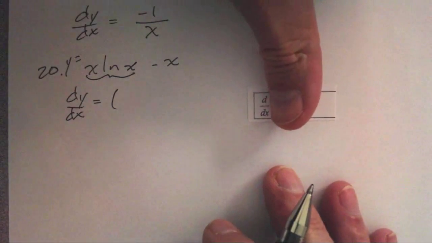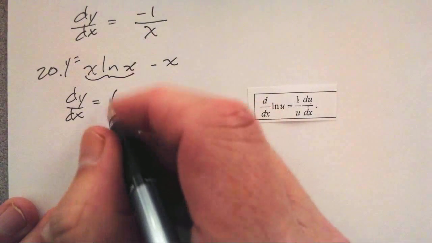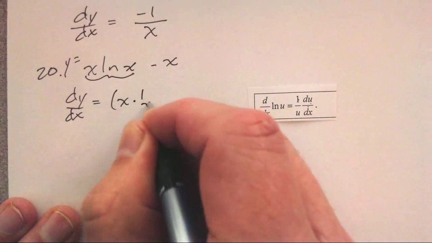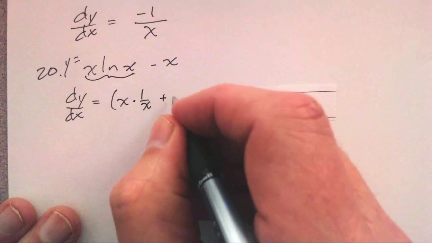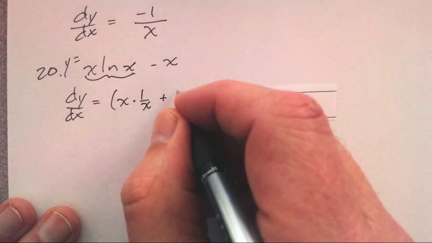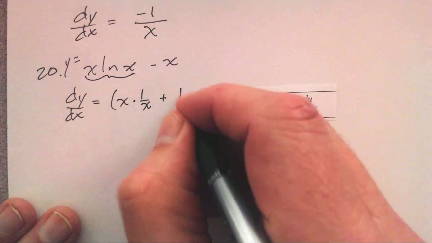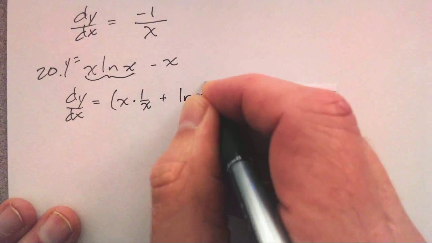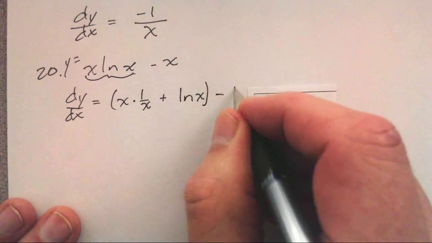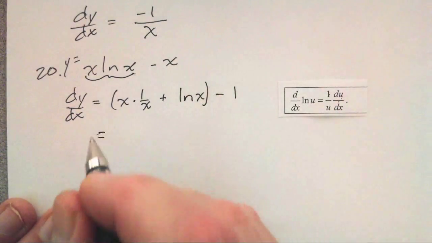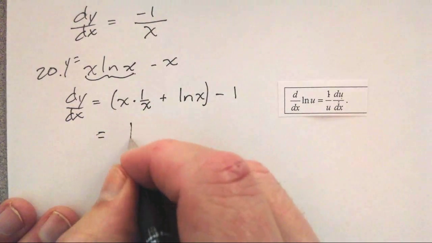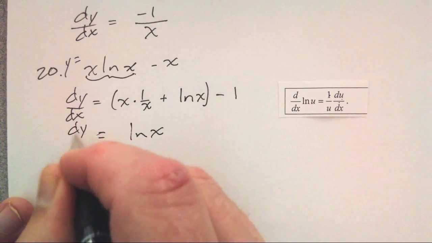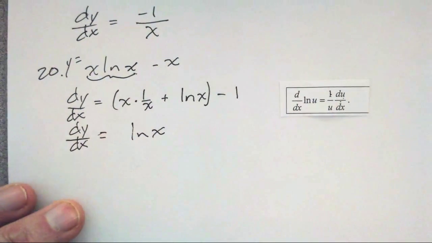And still dealing with ln, so I pull my little snippet down here, still in play. dy dx, first times derivative of second, derivative of ln of x, 1 on x, plus plain old first, 1. Excuse me, derivative of first, 1, times ln x, minus derivative of x, 1. So I end up with x times 1 on x is 1 minus 1 plus ln x. dy dx. It's almost a magic trick.